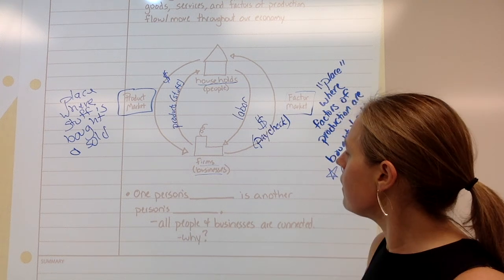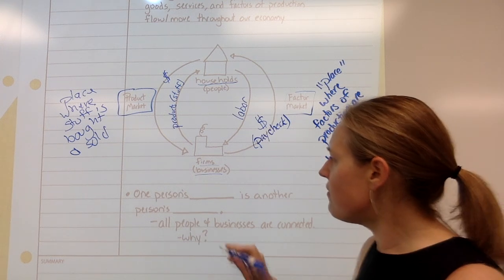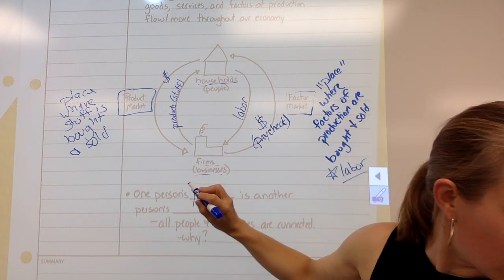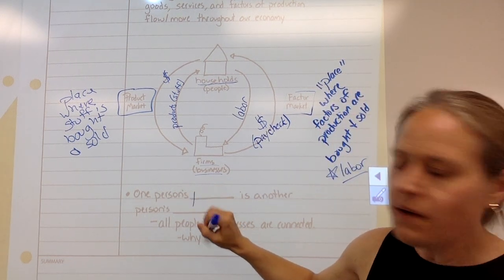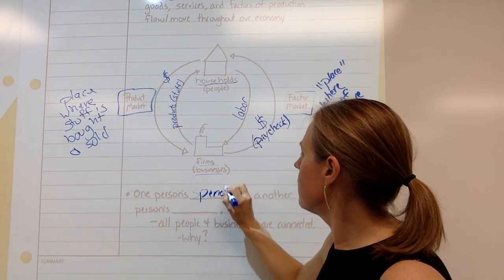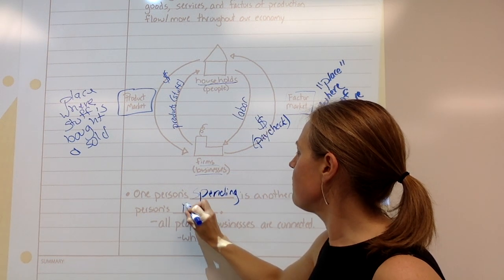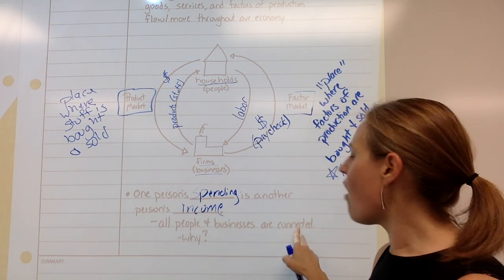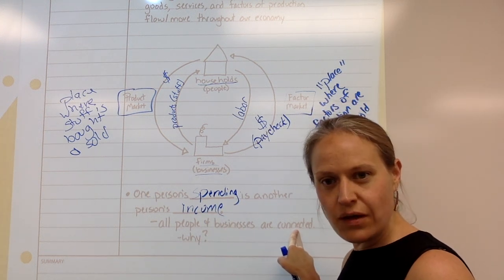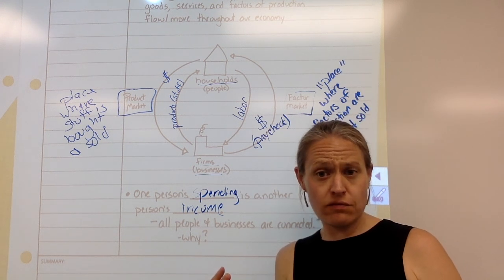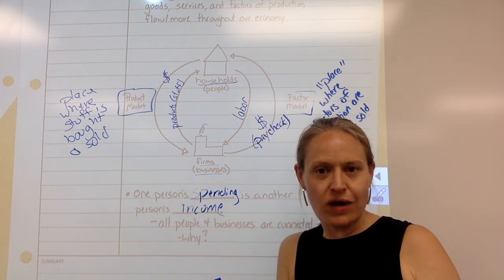Well, down here, how does your book say it? Sorry, guys. One person's spending is another person's income. That means all people and businesses are connected. So when I go to Target and I buy things, that's money for Target, right?